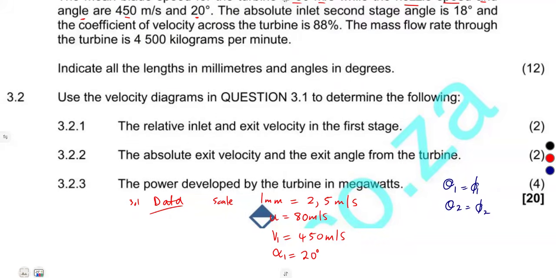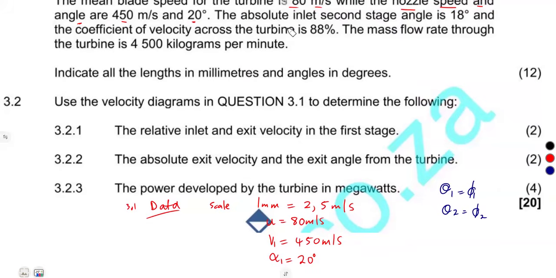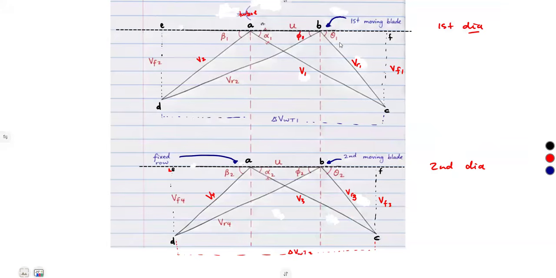Then we are also told the absolute inlet of the second stage. Take note, the absolute inlet. I talked about this before: when they refer to absolute angles, it's from the absolute velocities.